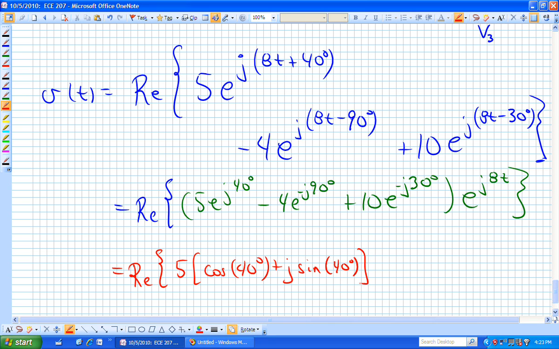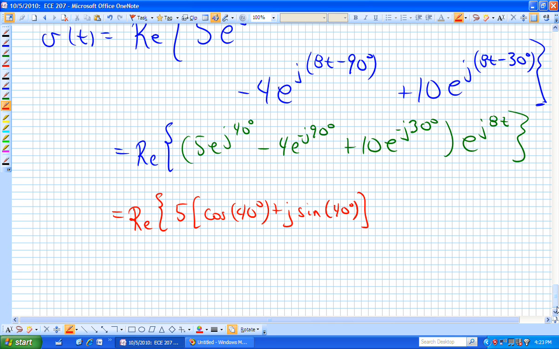One vector is 5 at 40 degrees, another is minus 4 at minus 90, and another is 10 at minus 30. And I'm going to do that by converting those complex exponentials to their rectangular form, cosines and sines. Then I have minus 4 times cosine of minus 90 degrees plus j sine of minus 90 degrees.